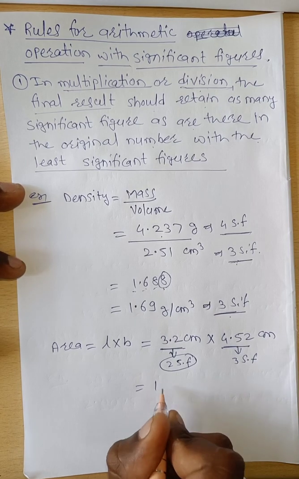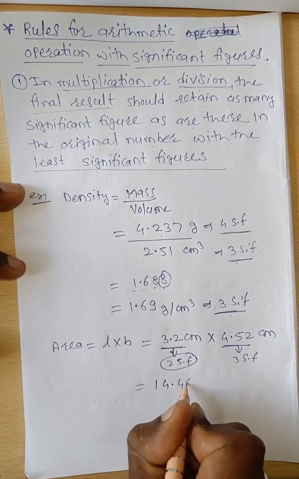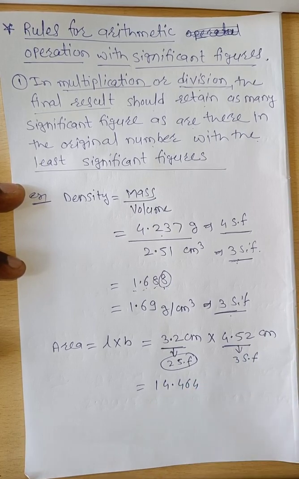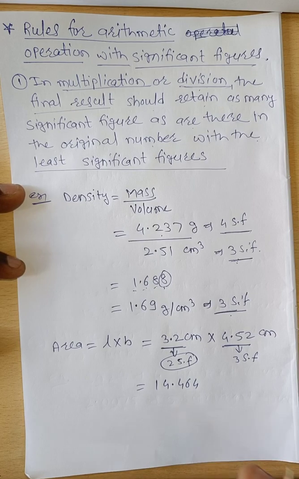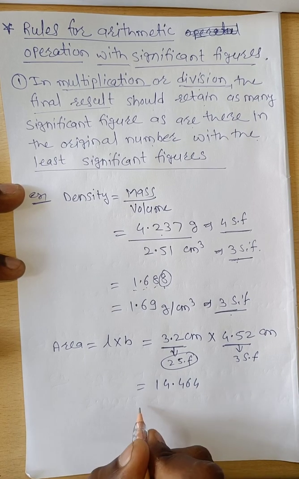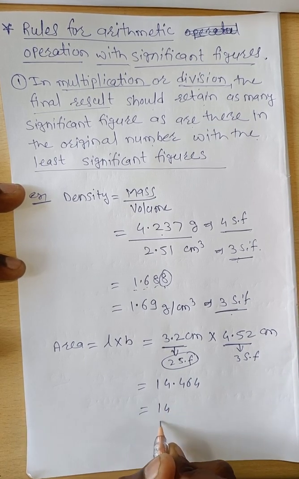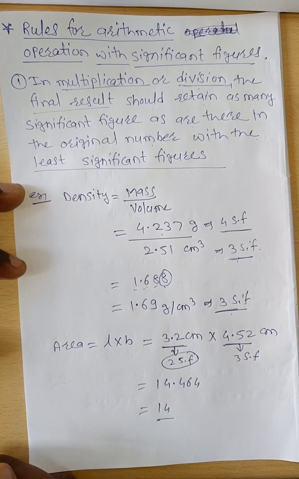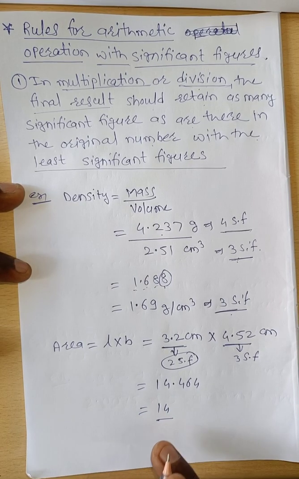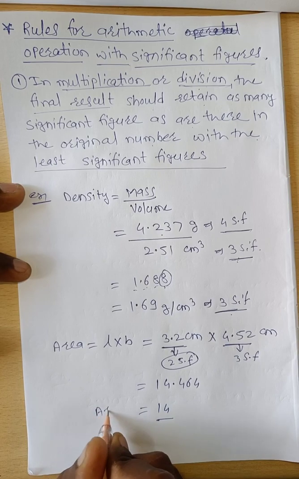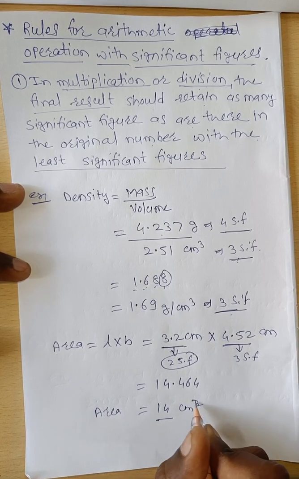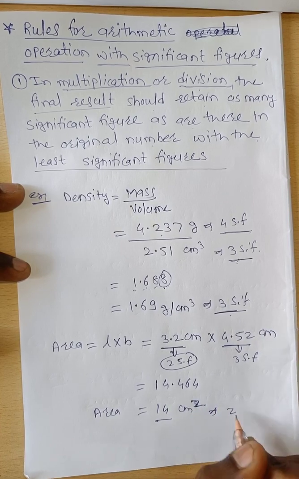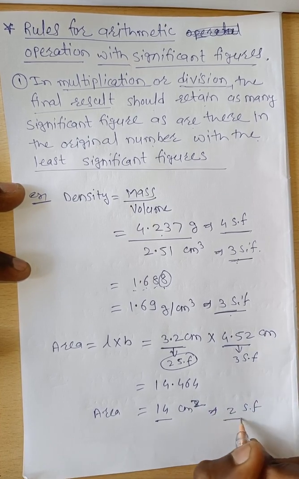Now the answer is 14.464, but this has five significant figures, so we have to convert it into two significant figures. This is approximately 14. Now this 14 has two significant figures, therefore the area is 14 square centimeters.